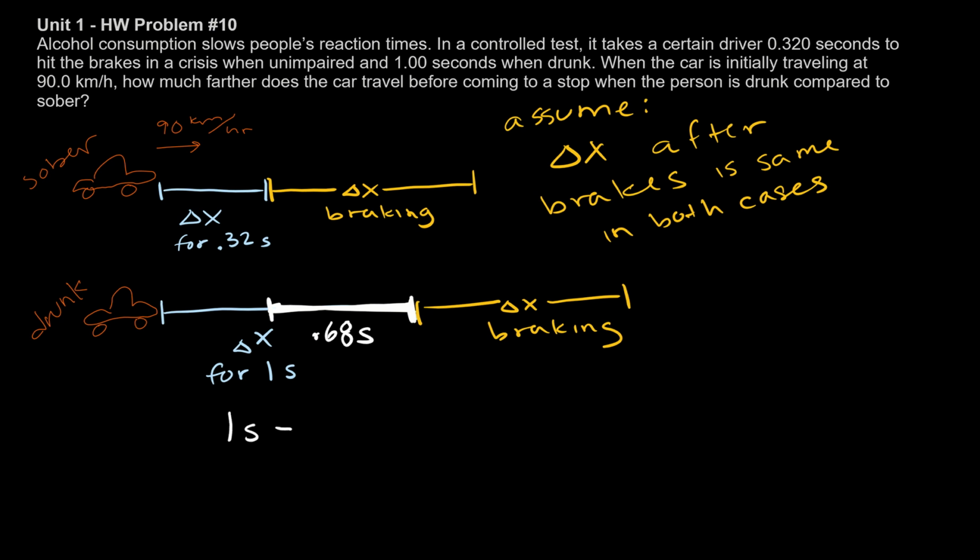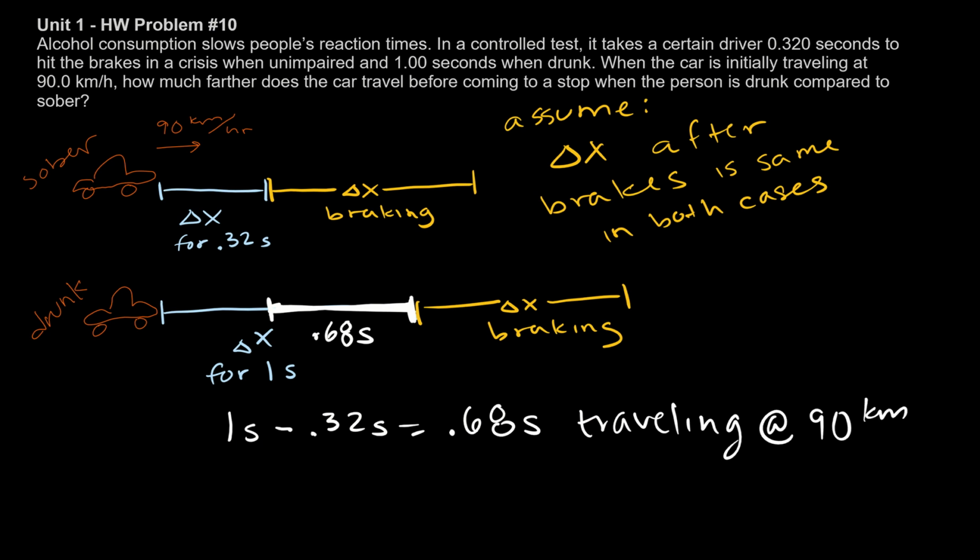If we take 1 second minus 0.32 seconds, we get 0.68 seconds of extra time traveling at 90 kilometers per hour. If you draw out what's going on, all we need to find is how far the drunk driver travels in those 0.68 extra seconds that it takes them to slam on the brakes.